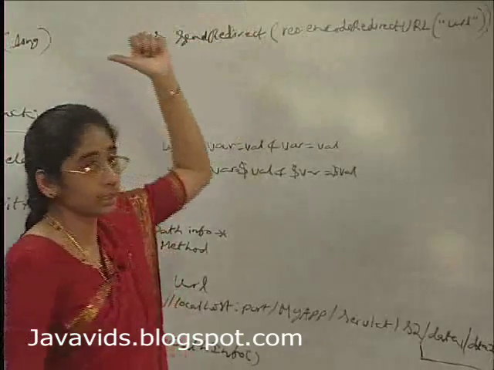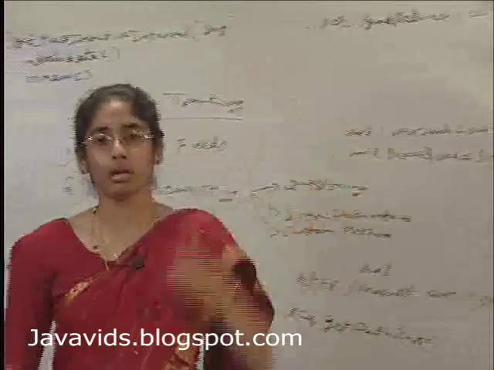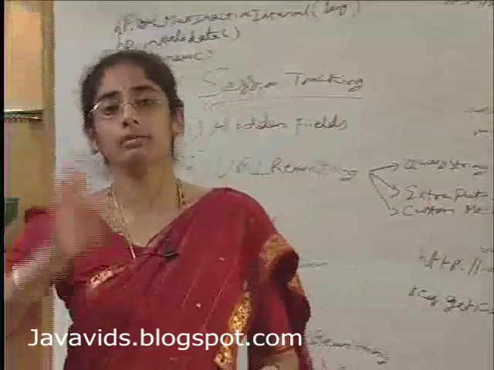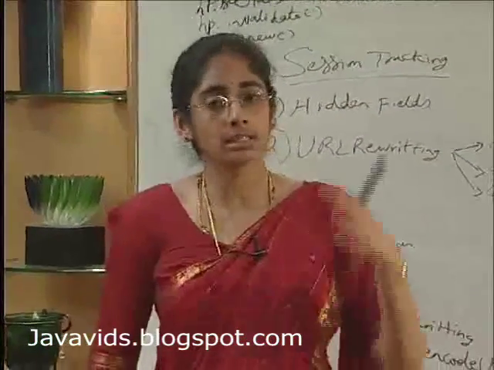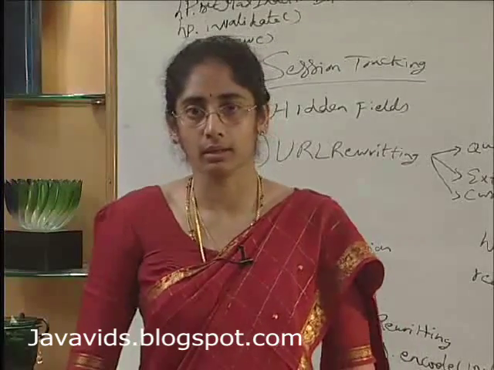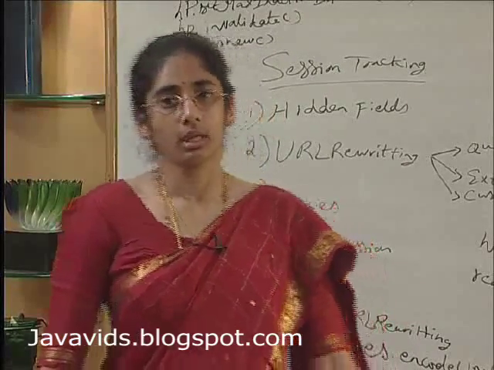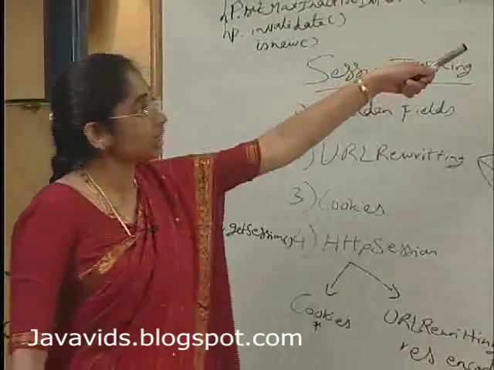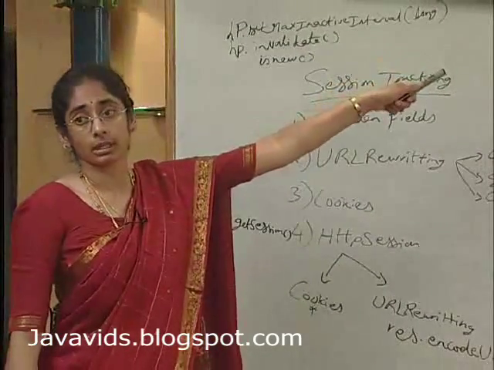So when I am sending back the URL to be called, it will call with this extra path information. So I still do session tracking. I still pass across the session tracking concept. That's why we need to use encodeRedirectURL out there.